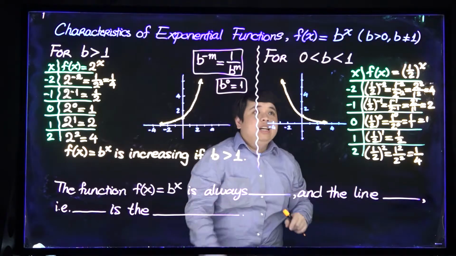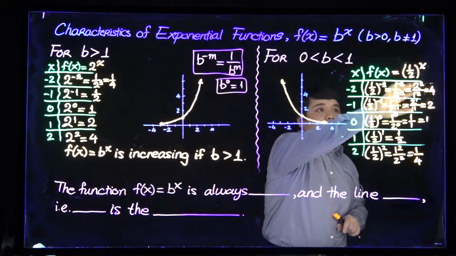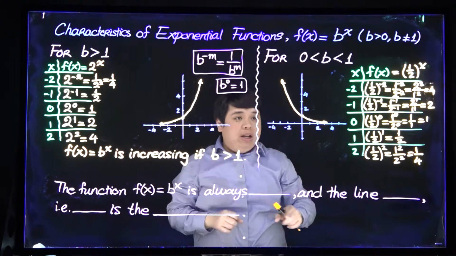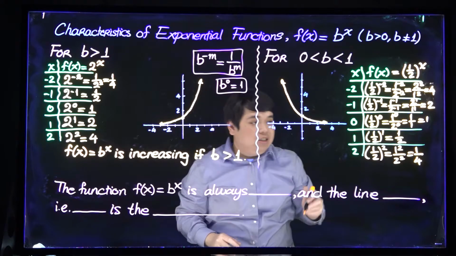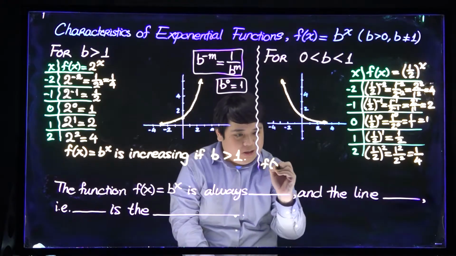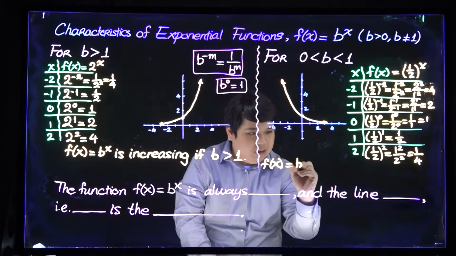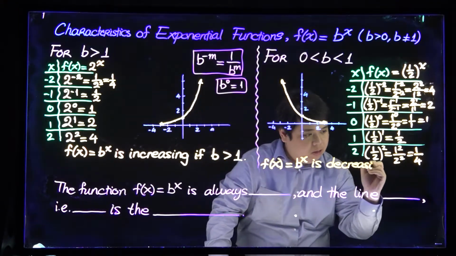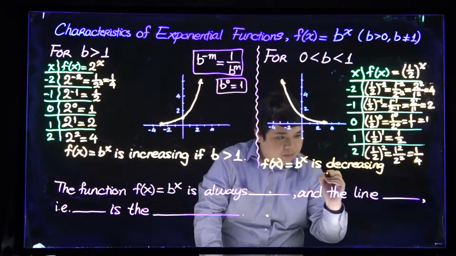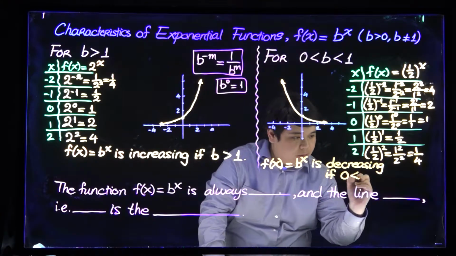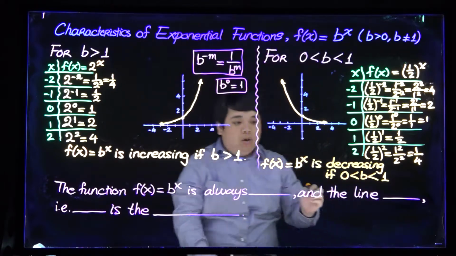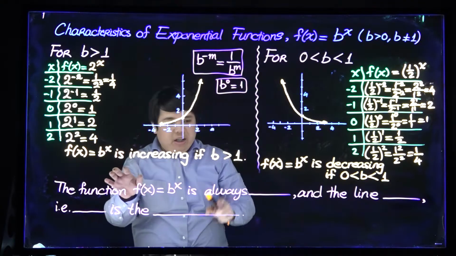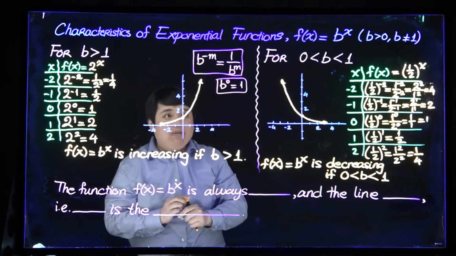So that graph is of the function f of x equals 1/2 to the x power. One thing we see right away is that this one is decreasing. So it is decreasing if the base is between 0 and 1, and increasing if the base is bigger than 1.